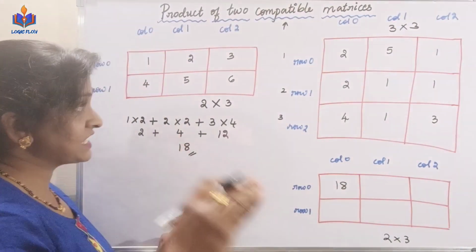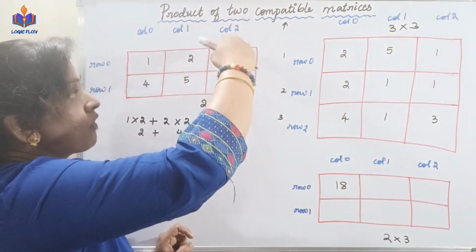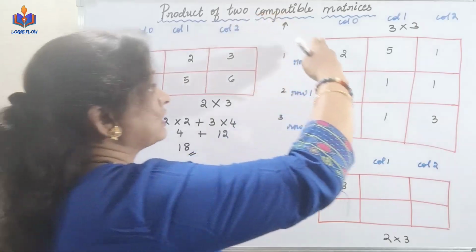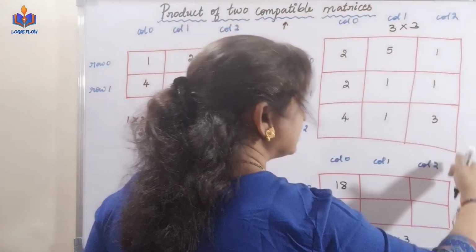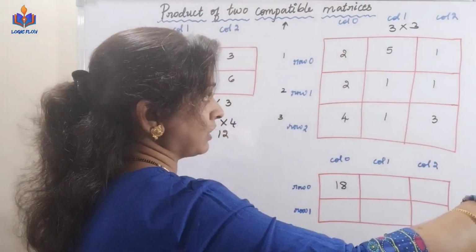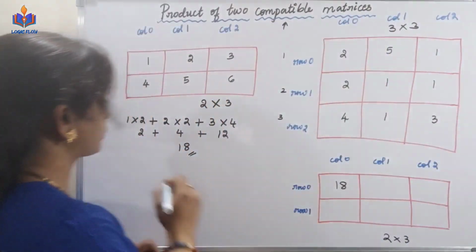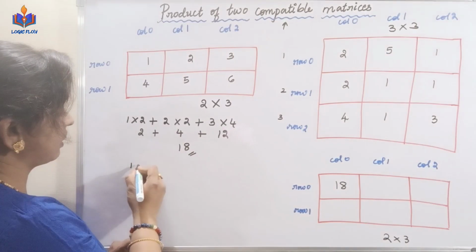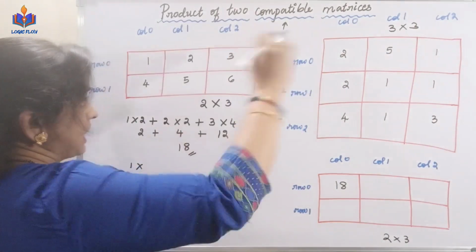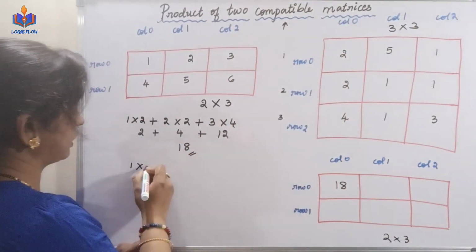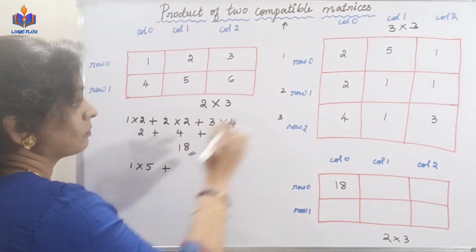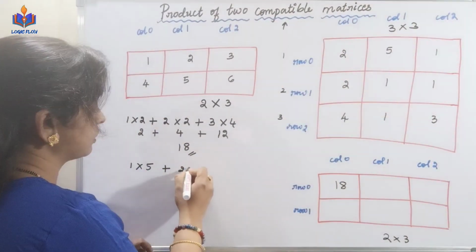Right? The same way, this first row of the first matrix should be multiplied with the first column, second column and third column. First column I am done. Proceed with the second column. So I should say again 1 into 5 plus 2 into 1.